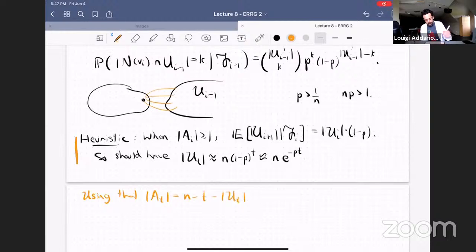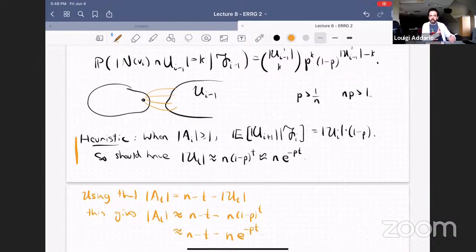This gives that A_t would then roughly be like n minus t minus n times (1 minus p) to the t, which is like n minus t minus n e to the minus pt.